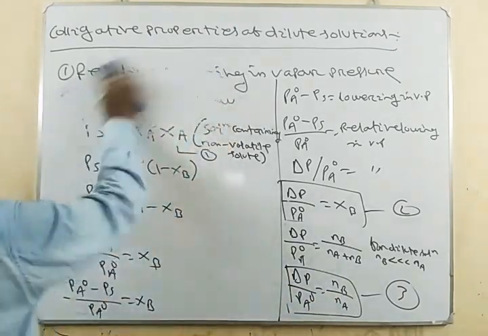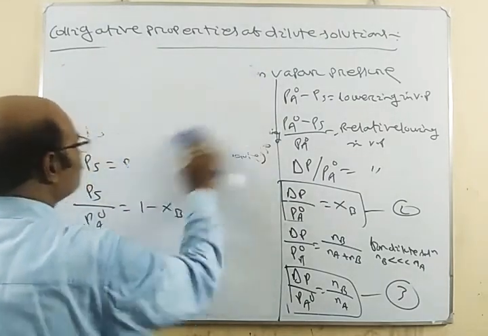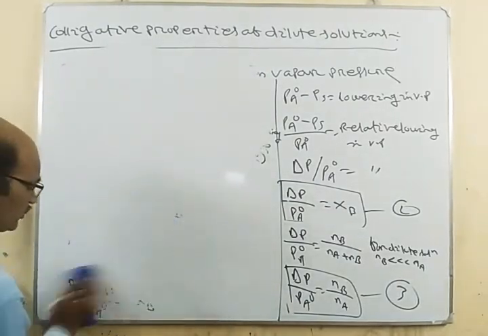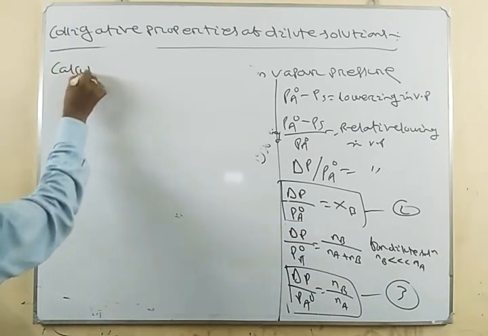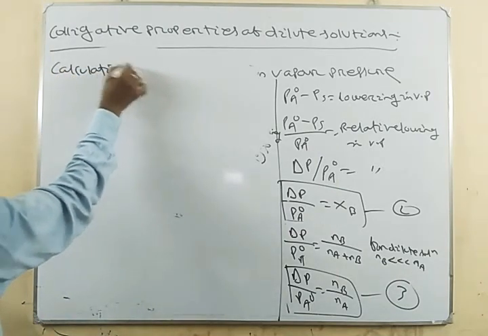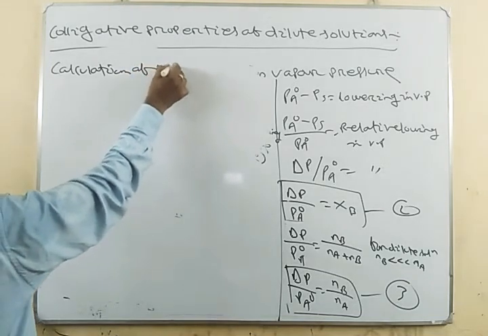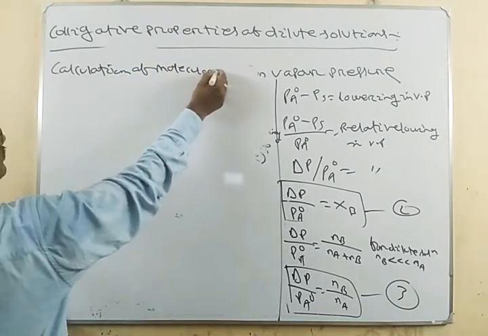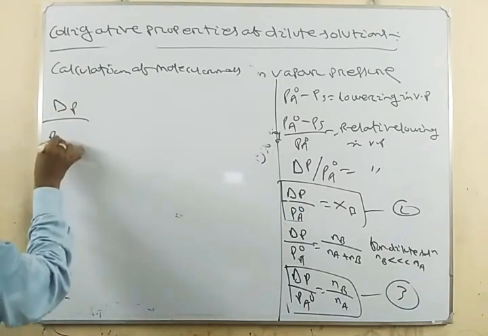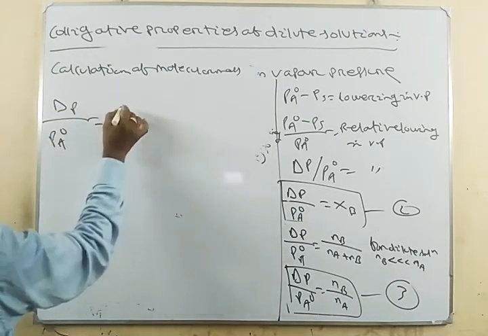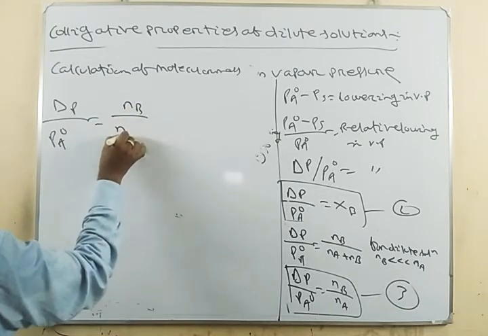Now how to calculate the molecular mass? Calculation of molecular mass: delta P by PA naught is equal to NB by NA.